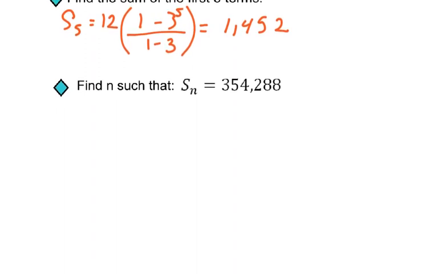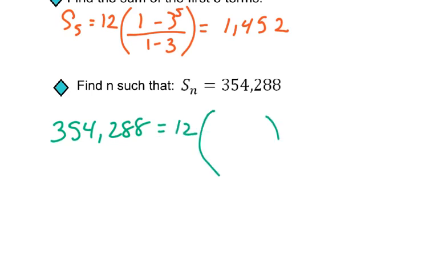So now we're going to find n such that S sub n is equal to 354,288. So we're using the same equation. We're going to go ahead and put in our sum value for S sub n, so 354,288 is equal to 12 times 1 minus 3 to the n over 1 minus 3.